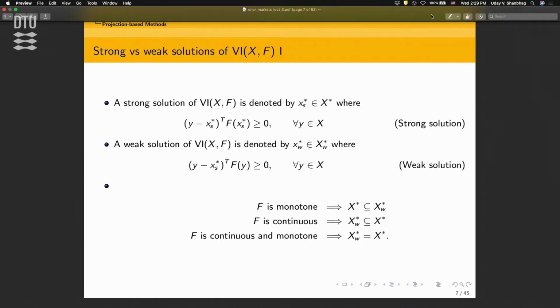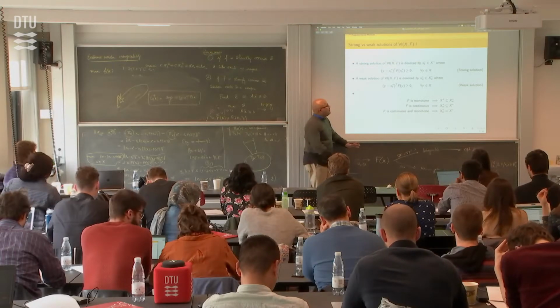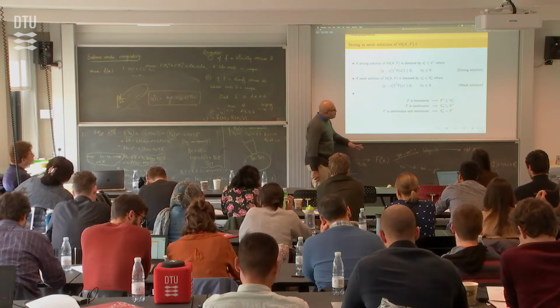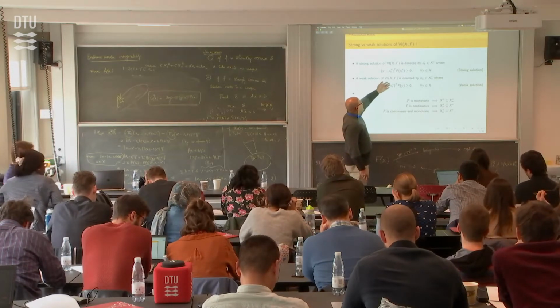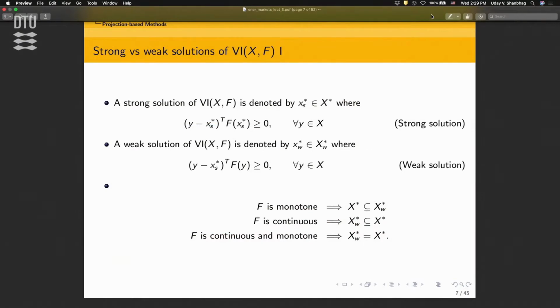Could you please give us some insight on what is actually the meaning of the weak solution? So the weak solution is, when you look at y minus x transpose f of x being non-negative, this was an equilibrium criterion. It turns out when the mapping is just continuous, this also guarantees a solution. Now when we are working with continuous and monotone maps, these solutions coincide.